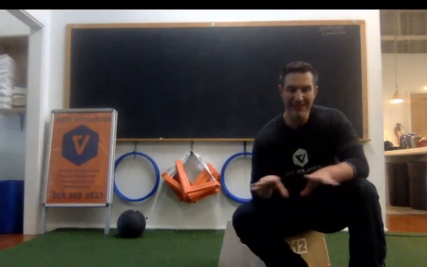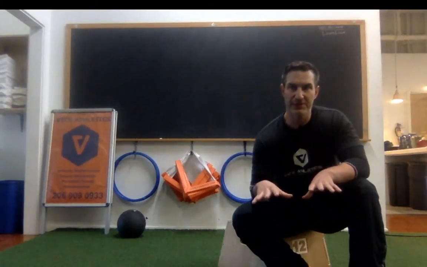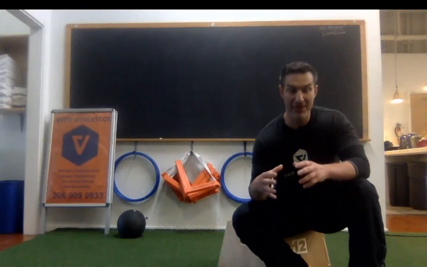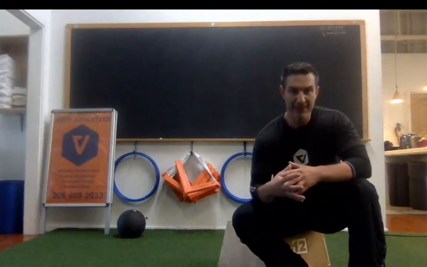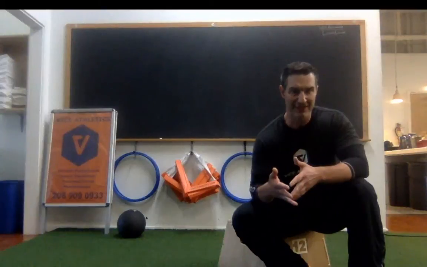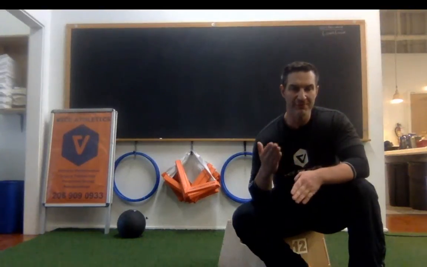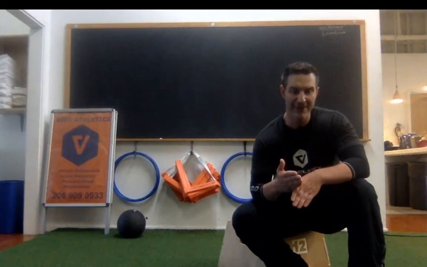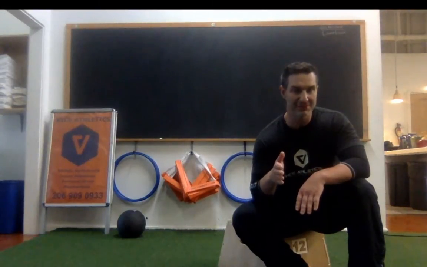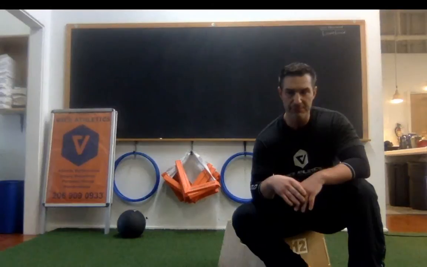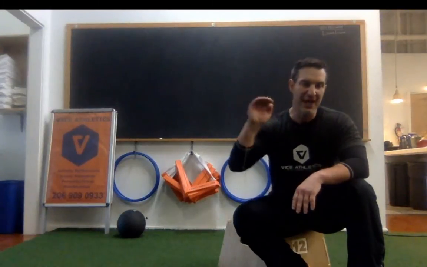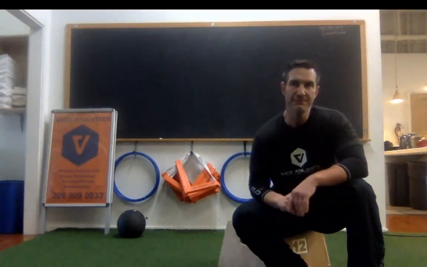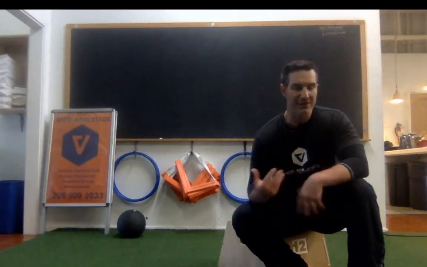I should put a little caveat on this: we pretty much put everybody that comes through our programming through that lens. It's a more performance-based lens. It's definitely more movement-based and dialed in and specific to what that person needs. But at the end of the day, that structure and that system works on a lot of different levels.